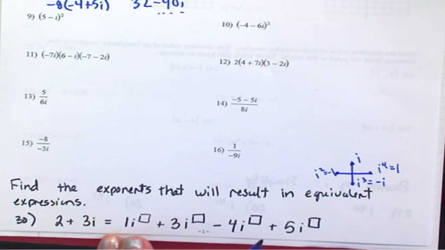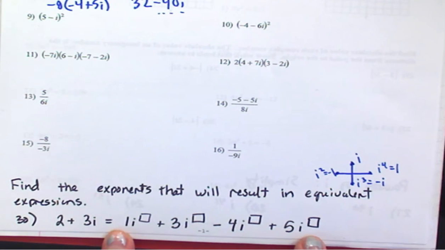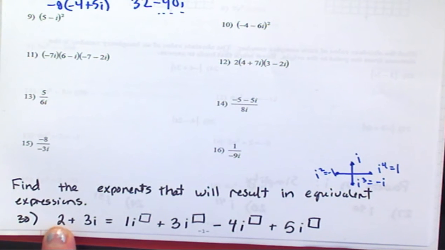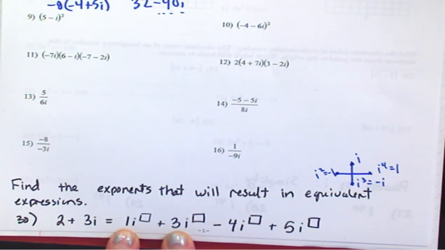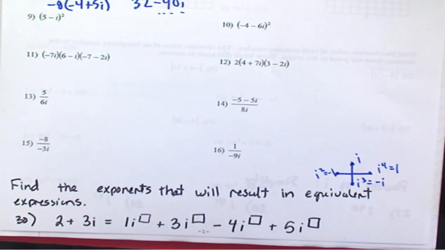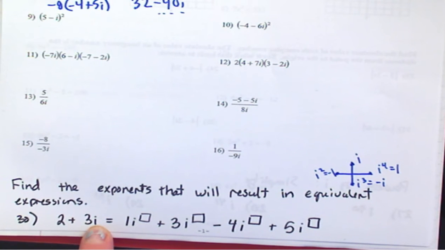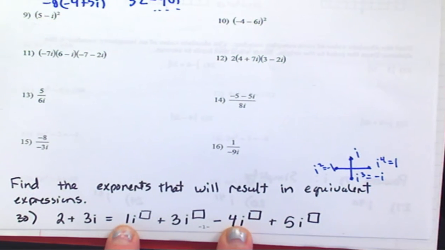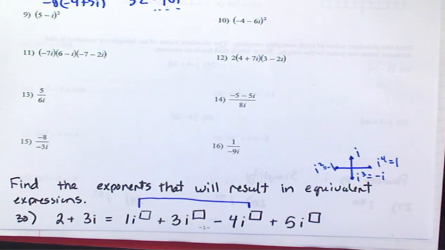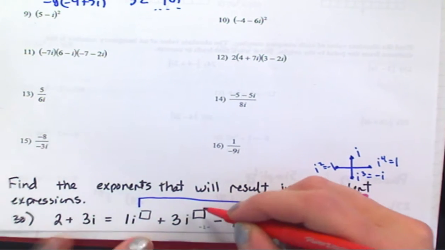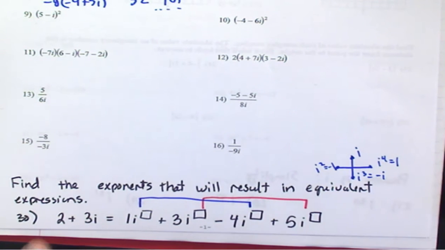And so I'm looking at my coefficients, and I'm seeing how can I get to positive 2. Well, it kind of stands out to me. I can do 1 and 3, or I can do 3 and 5. How do I get to 3? 1 and 4. So I'm going to look at combining these two things to get the 3, and combining these two things to get the 2.